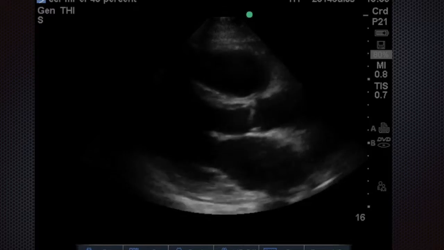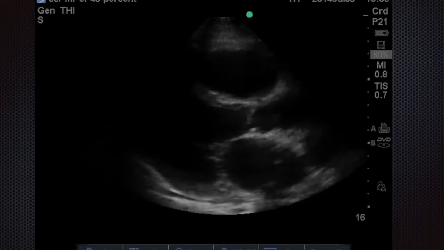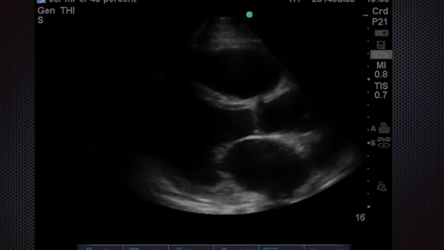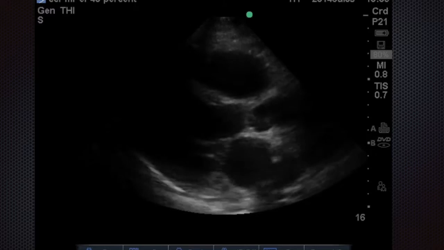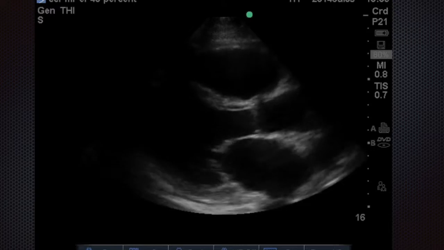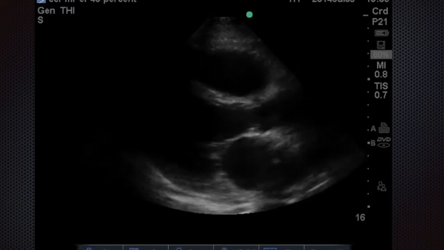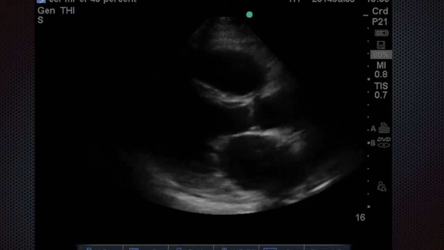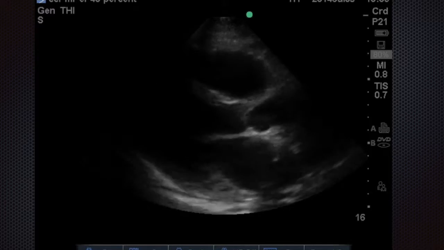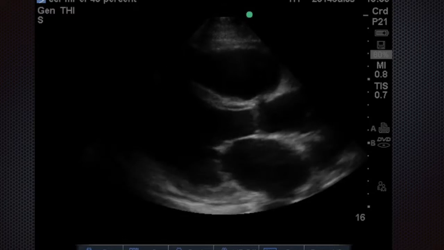There's a bit of thickening seen on the posterior wall near the posterior leaflet of the mitral valve, and we said we'd expect the internal diameter of the left ventricle to narrow by about 30% during systole, and that does not seem to be the case. Remember what we also said about the EPSS, or the anterior mitral valve leaflet excursion: it should normally flip up and touch, or almost touch, the septal wall, and it doesn't. It's very lackluster and not making much movement towards the septal wall.